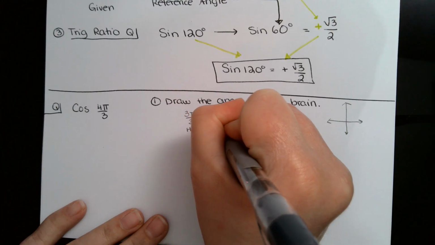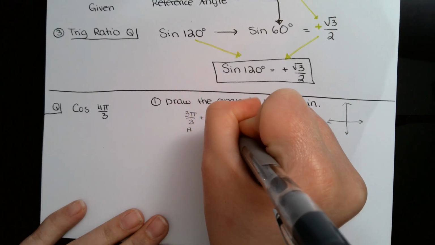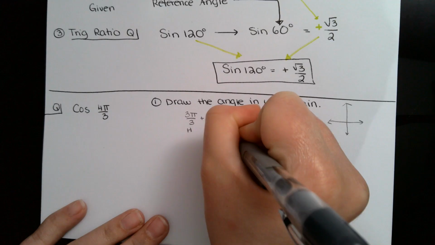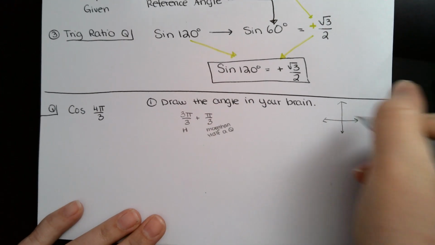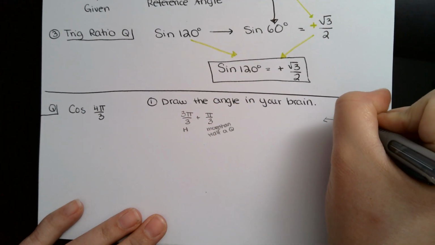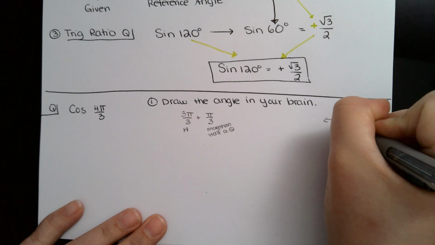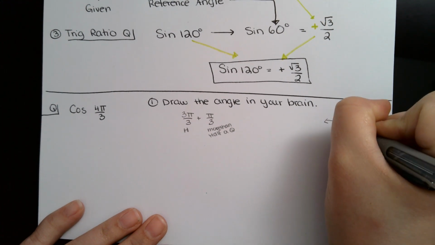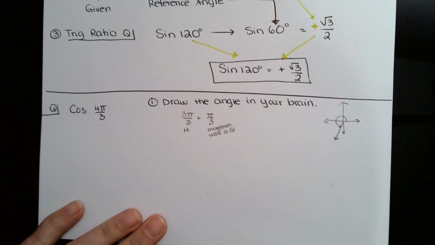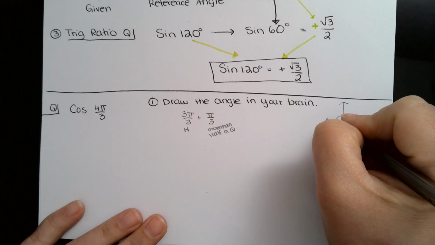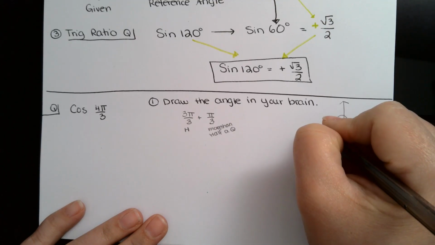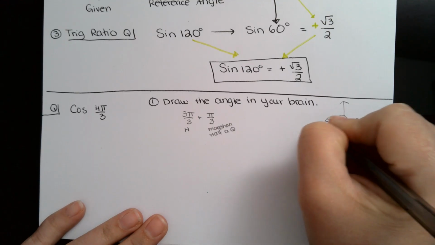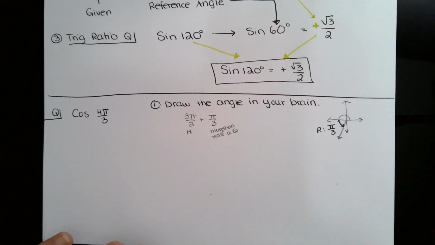So more than half a quarter. So we're here starting. We're going half a cycle, 60 degrees, 4/3 is going to be here. That means our reference angle is pi thirds. We're not there yet, but I do want to just write that down so I don't forget.